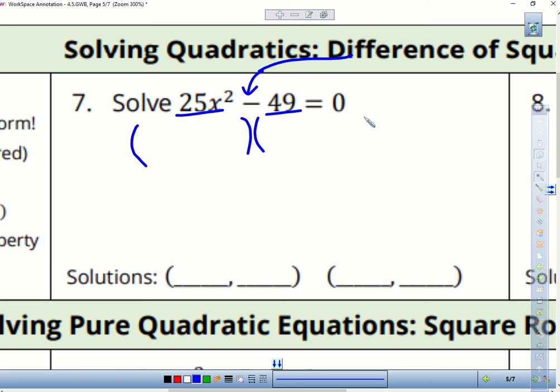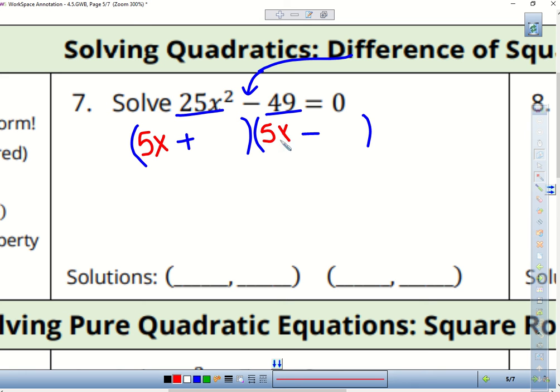So when you see this, you're going to write two parentheses. One of them is going to have a plus sign and one of them is going to have a minus sign. Now, we dug a little deeper into why this works in the previous lesson, so if you want to look back at, I believe it was 4.2, we talk about why. But what is the square root of 25x squared? 5x. Good.